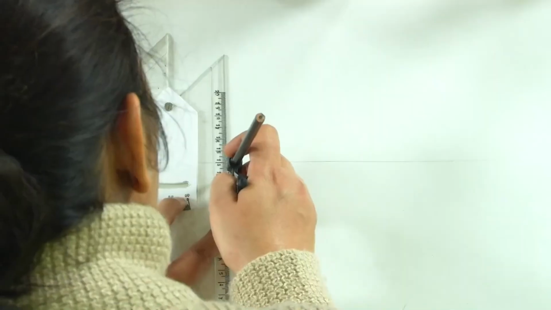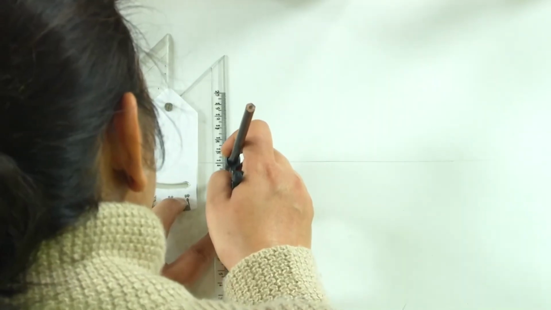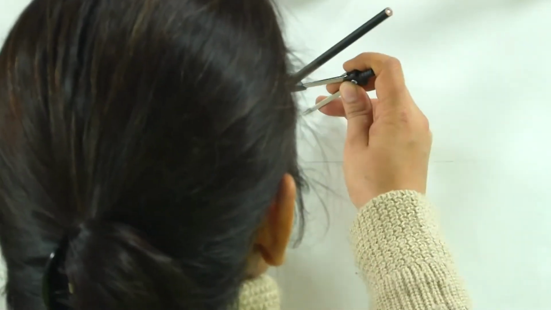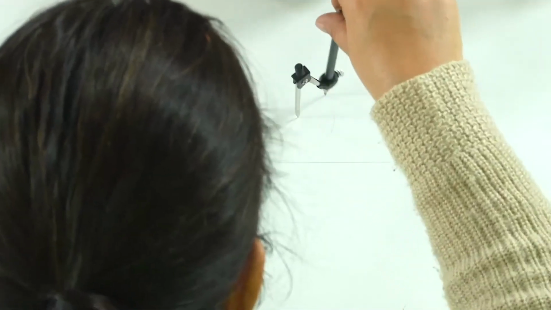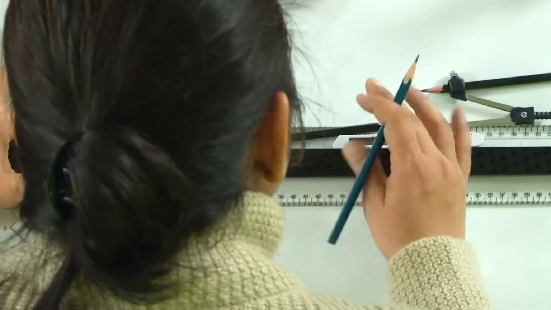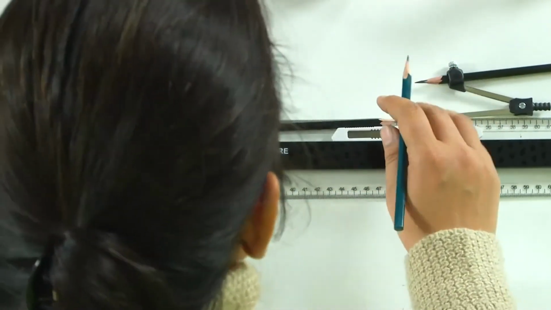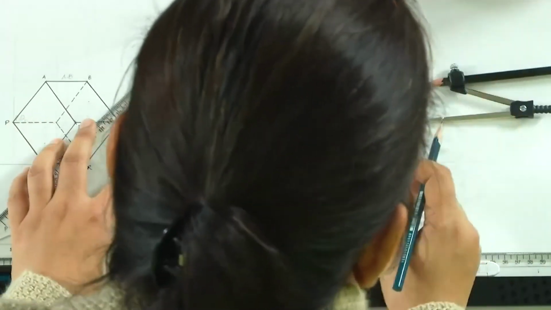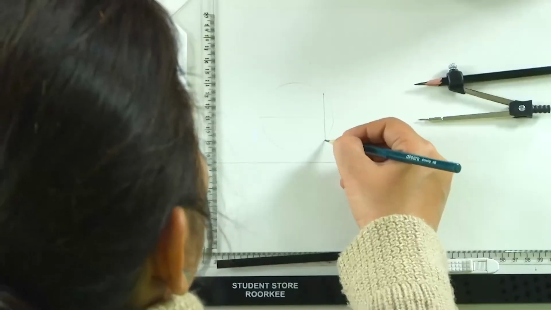I hope you remember how to draw a pentagon. Hexagons are easier, squares are easier, pentagons are sometimes more difficult. So, that is the 3 centimeter side that we are going to take as reference.